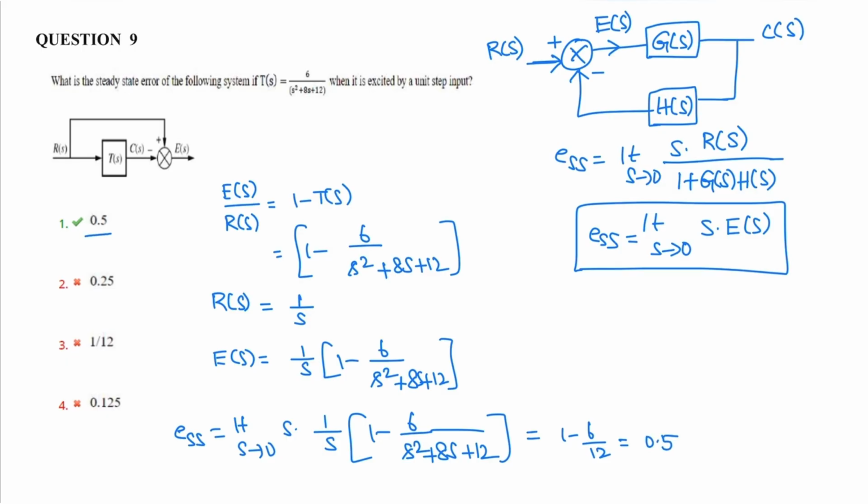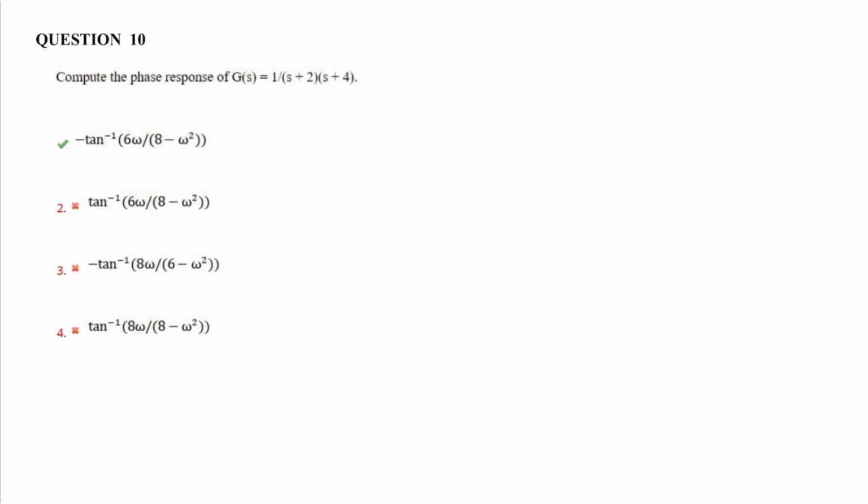Next question. Compute the phase response of a system G of s equal to 1 by s plus 2 into s plus 4. G of s is the open loop, or sorry, forward transfer function.